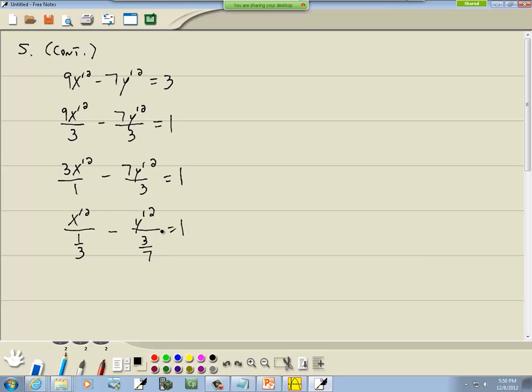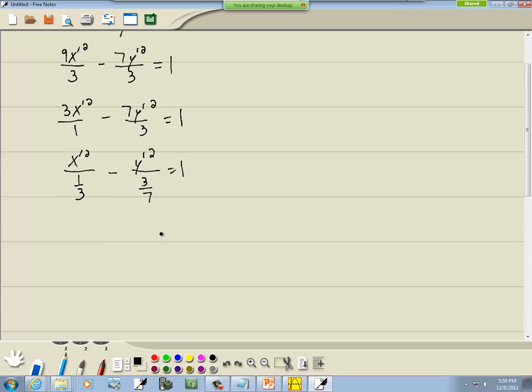Well, we're trying to get this in standard form, so we still have a little bit more work to do here. I'll write this as x prime minus 0 squared. I want this as something squared, and we'll put square root around it, like that. Minus y prime minus 0 squared. And this would be square root of 3/7 squared equals 1.